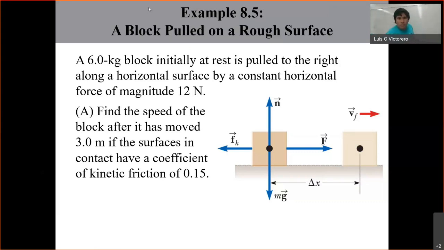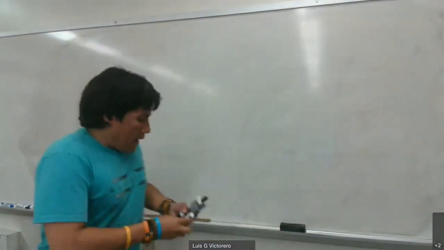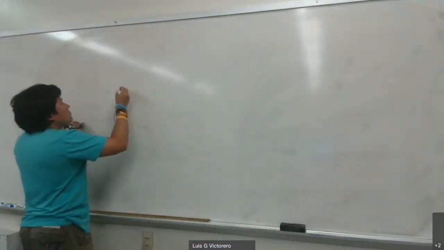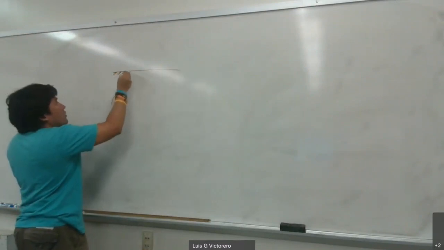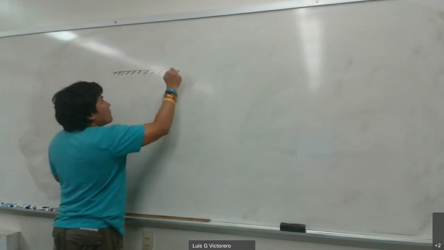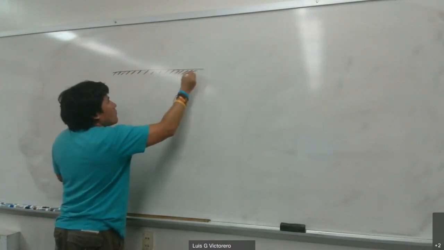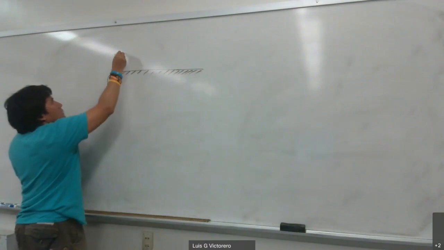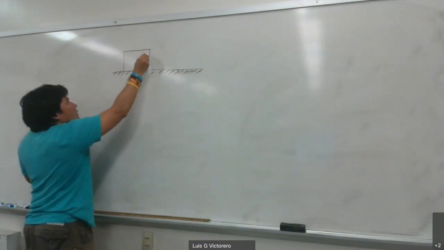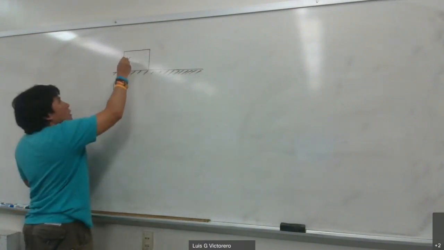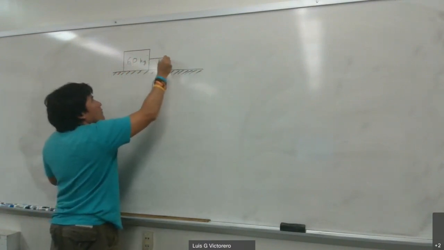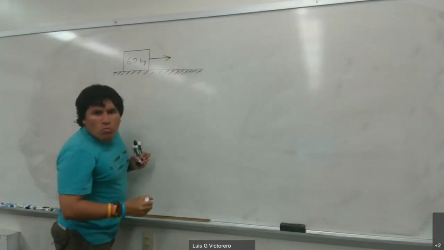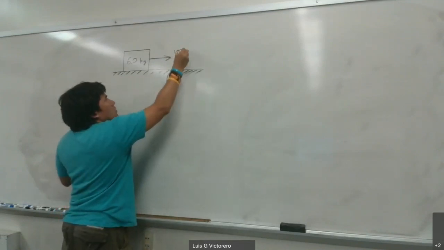So let's stop sharing. You have a block on a horizontal surface with friction. And the block is being pulled. It has 6 kilograms. The force is 12 newtons.